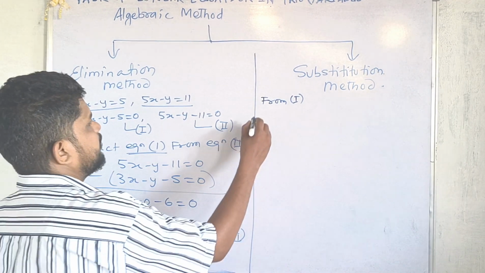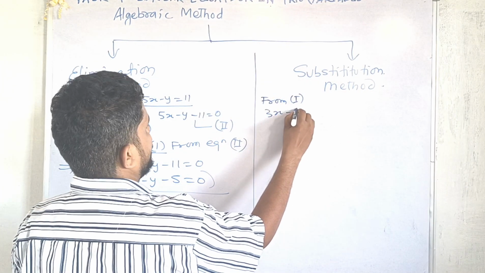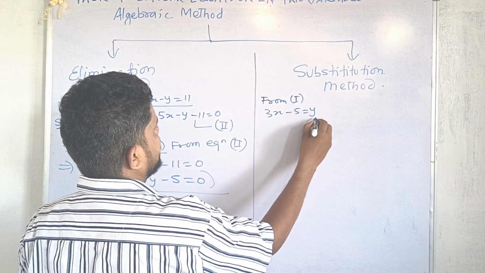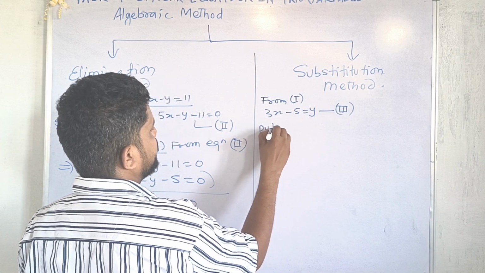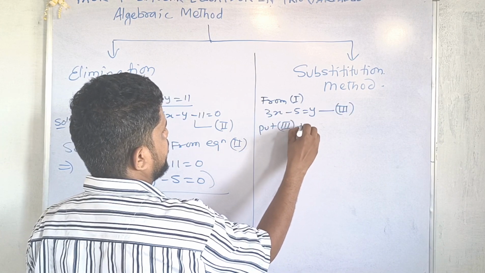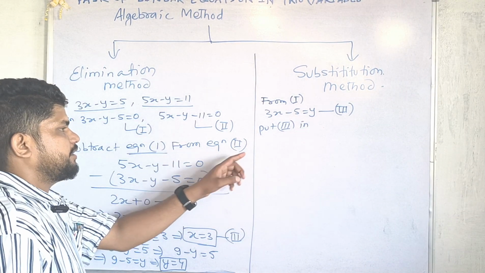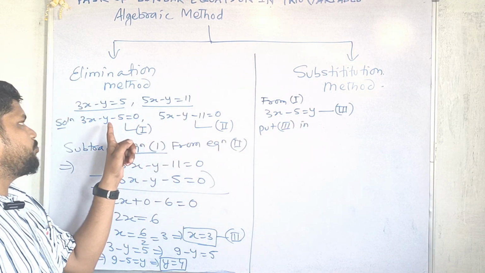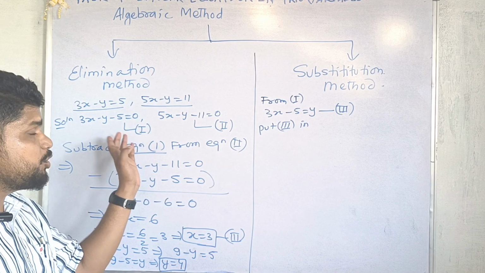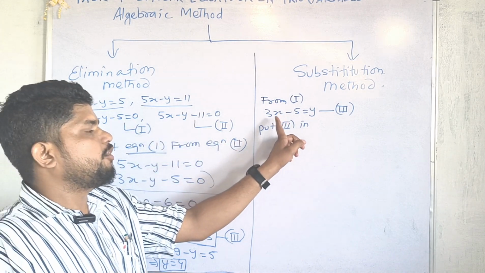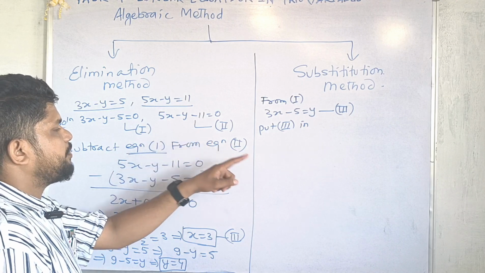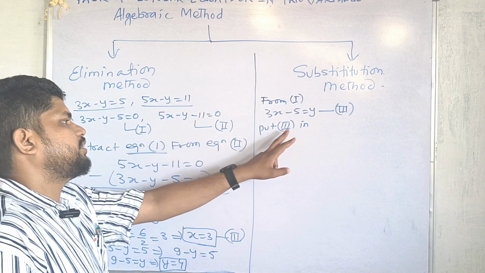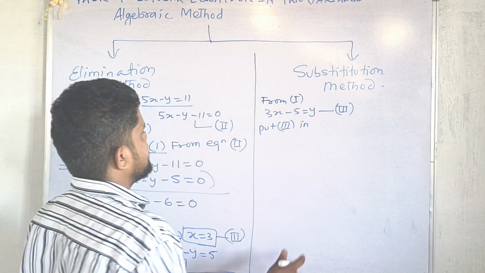We will get 3x minus 5 is equal to y. Let's say this is equation number 3. We have to choose the value of a variable from equation 1 and put it in another equation. So we will put equation number 3 in equation 2.